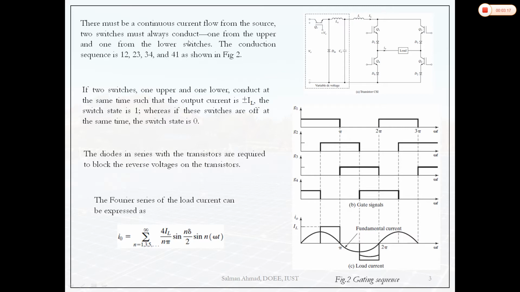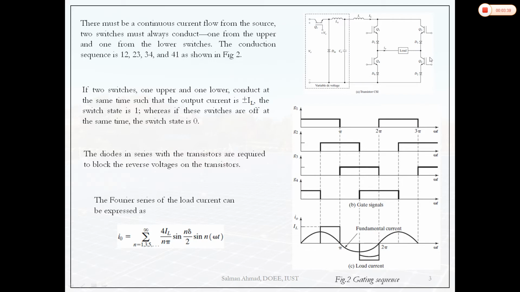So two switches must always conduct, one from the upper and one from the lower half. You'll find that this current will only be continuous if one of the switches from the upper half and one of the switches from the lower half conduct. For example, if Q1 is turned on, we can have Q4 or Q2 turned on.